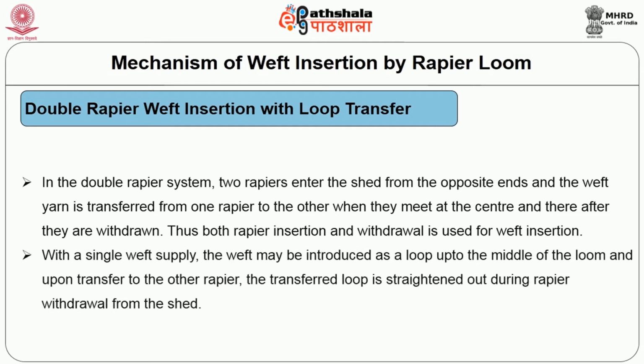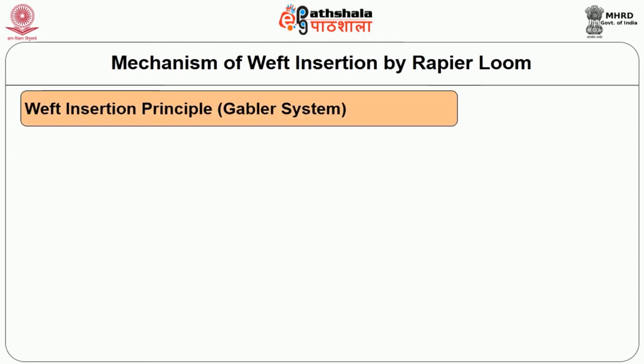With a single weft supply, the weft may be introduced as a loop into the middle of the loom, and upon transfer to the other rapier, the transferred loop is straightened out during rapier withdrawal from the shed. So the next system is the weft insertion principle by Gabler system.